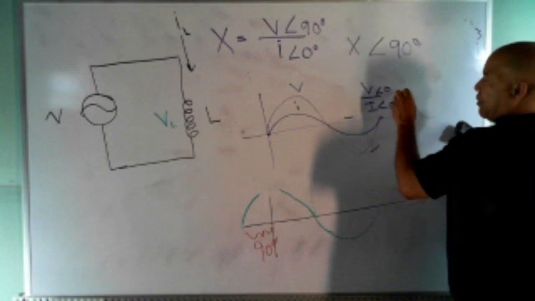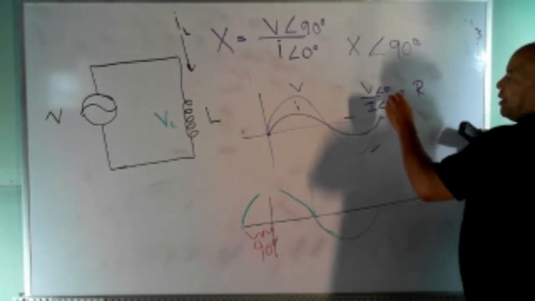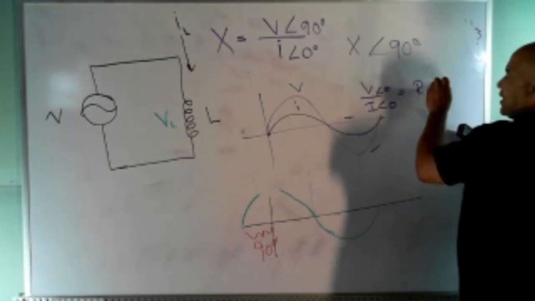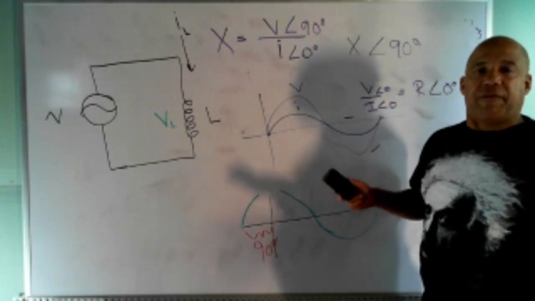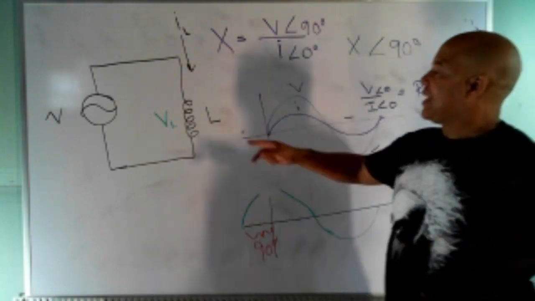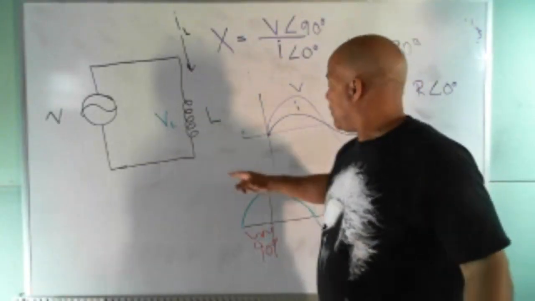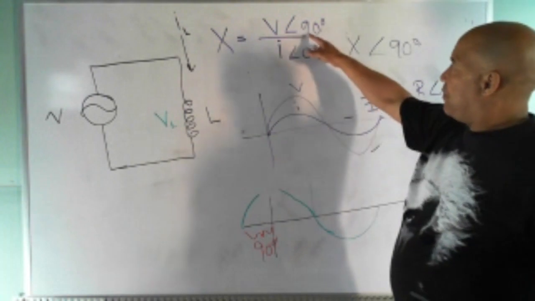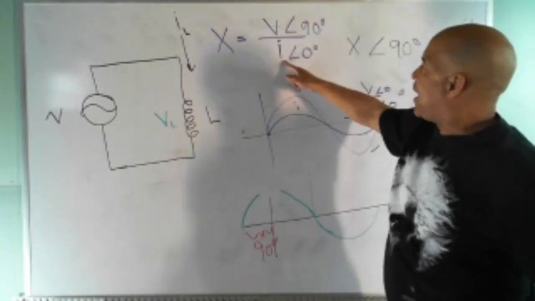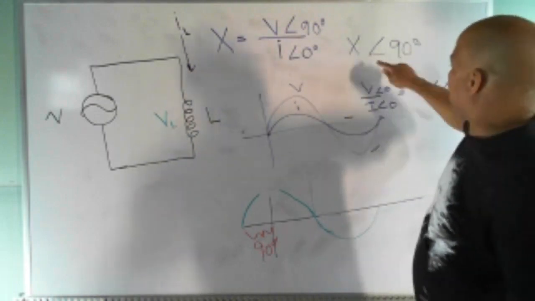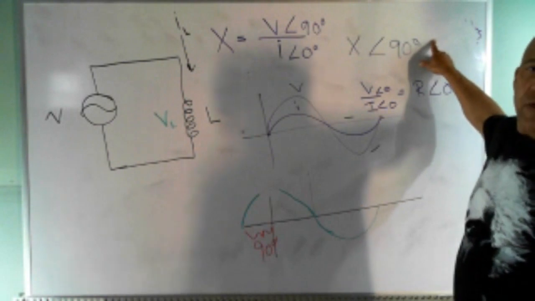So the resistance, which is what I get when I divide V by I, if this is 0 and this is 0, 0 minus 0 means that this is at an angle of 0. So resistance doesn't have a phase. But the opposition caused by this inductor does have a phase, because you can see voltage is at 90 degrees when current is at 0. So when I do the math to get V over I, which is opposition X, that opposition X has an angle associated with it of 90 degrees.